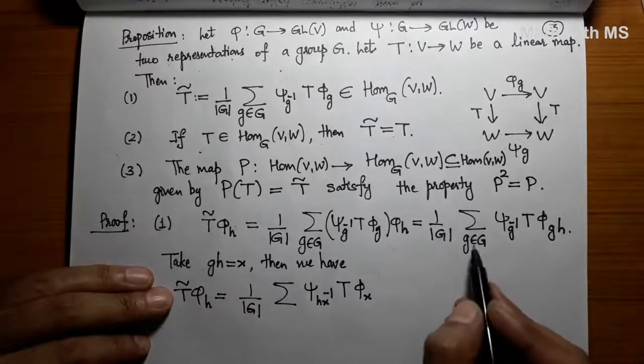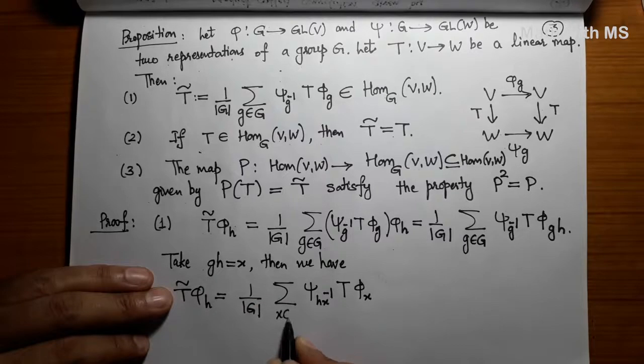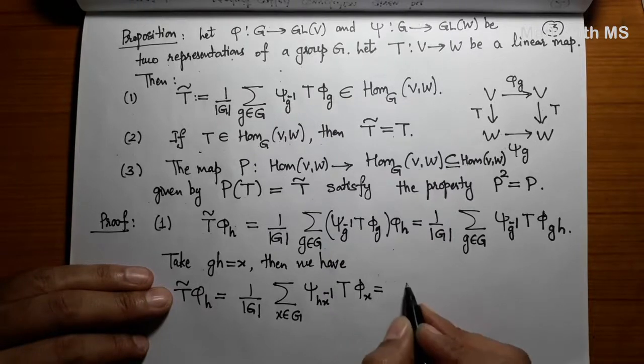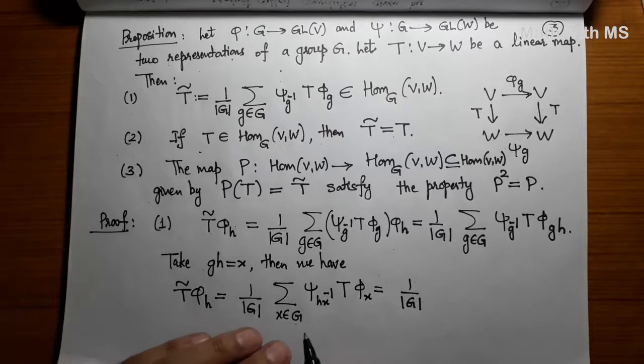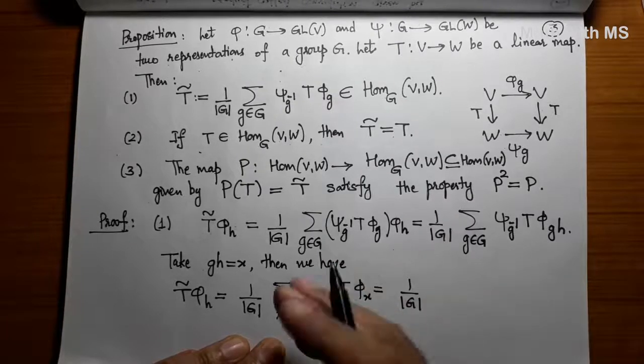Now G was varying in the group G. Remember, H is fixed, so as you vary G in the group G, X varies over the group G, so it is X in the group G. So this is the same as 1 by order of the group G. Here again psi is also a homomorphism, so it can be written as psi H into psi X inverse, but then this sum is independent of H, so psi H comes out.